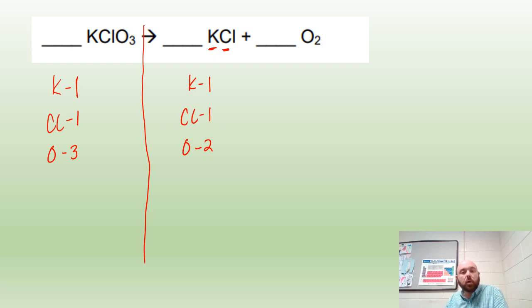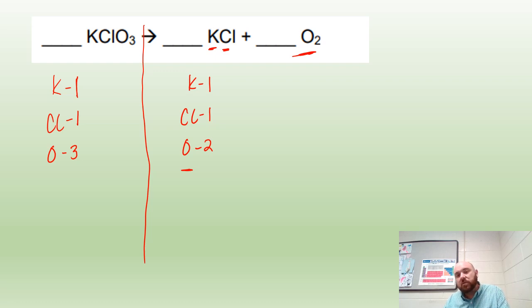Coefficients are always whole numbers. They can't be 0.5s or fractions or anything like that. So therefore, what number can we put in front of this 2? There is no number we can put in front of the oxygen here to make this 2 become a 3. So I'm probably going to end up with both more than 2 or 3 on oxygens in either side.